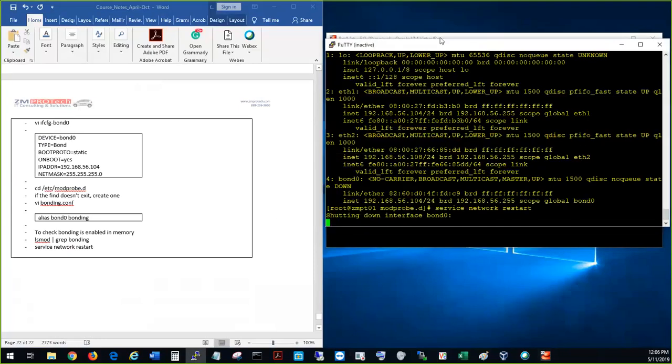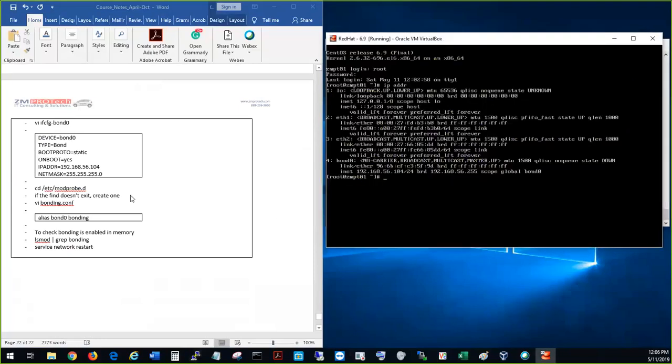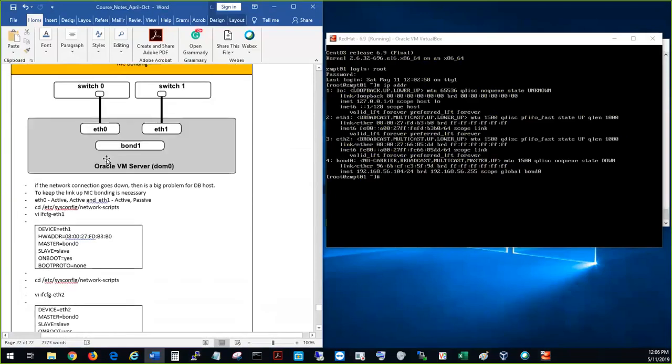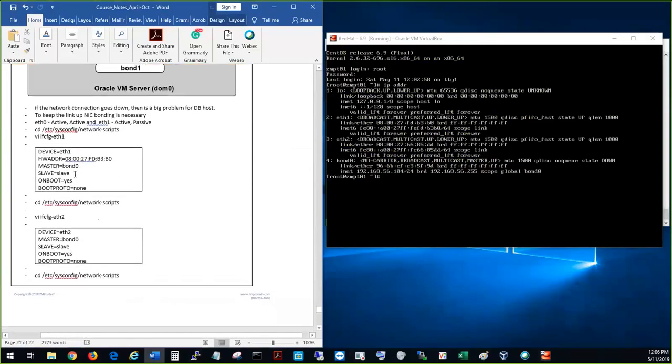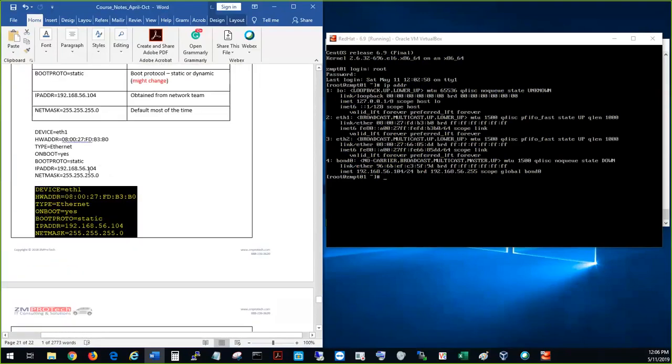Okay, so what's happening here is I used 104, and it was already used previously by ETH1. So what's happening now is, on the network side, the router has made a temporary entry into the router system that this hardware is assigned with this IP address.